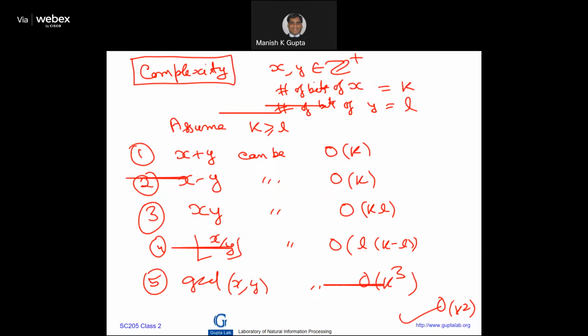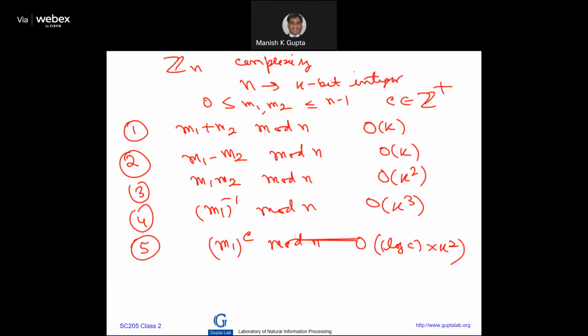Subtraction and summation can be done in the same order. Product can be done in order of KL. Division can be done in order of K minus L, and GCD in order of K cube, right? Also, in Zn, for doing certain operations, the complexities are listed here.